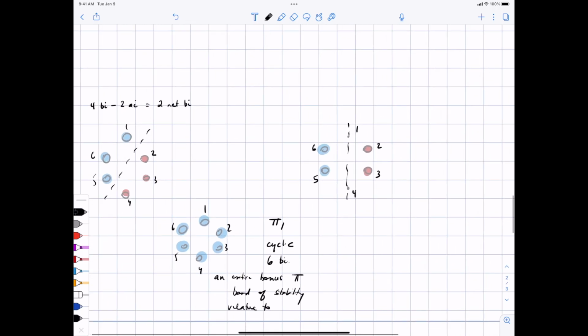The one on the right, you have 2 bonding interactions and no anti-bonding interactions. Anti-bonding interactions only count when 2 adjacent atoms have opposite wave function sign. Because the node coincides with atoms 1 and 4, it sort of splits the molecule into 2 separate parts. So this orbital has just 2 net bonding interactions.